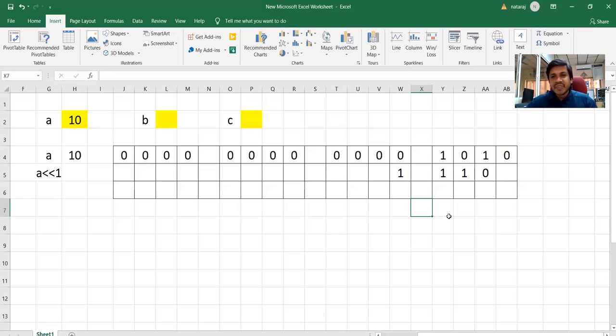Each bit moves one place left, and the leftmost bit will be erased. Here I will be getting an empty slot, and that slot will be filled with 0.